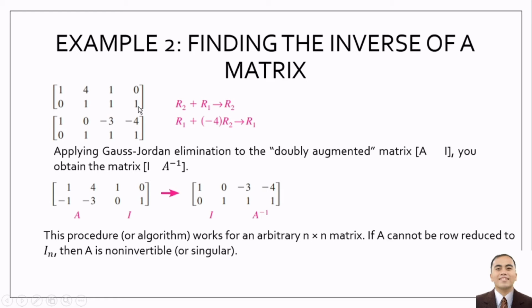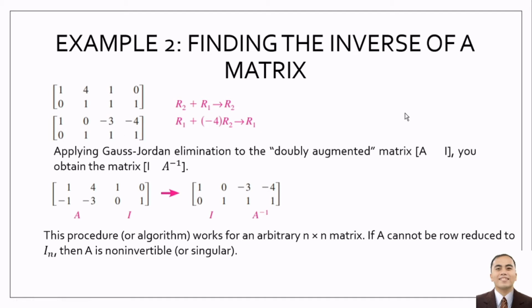Then we multiply negative 4 to row 2 and add to row 1 to produce the new row 1 so that we can eliminate this 4. So the resulting matrix will be 1, 0, negative 3, negative 4, 0, 1, 1, 1.